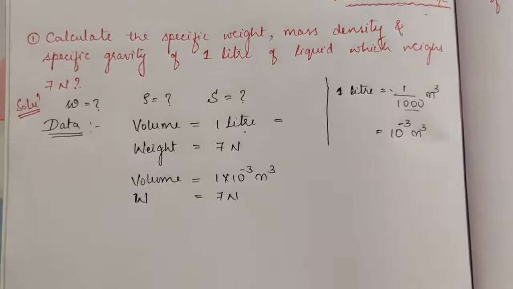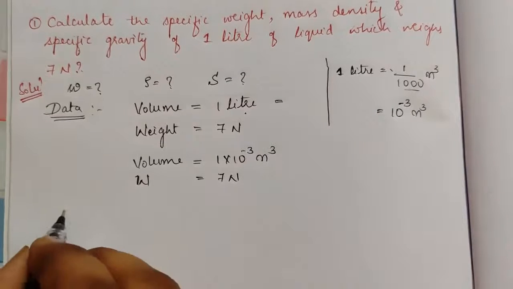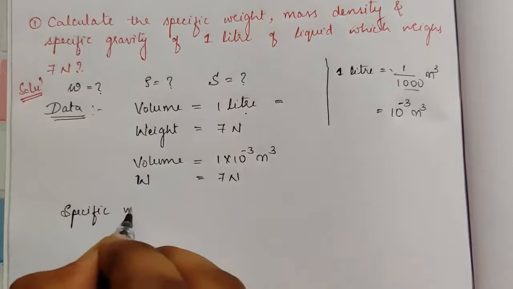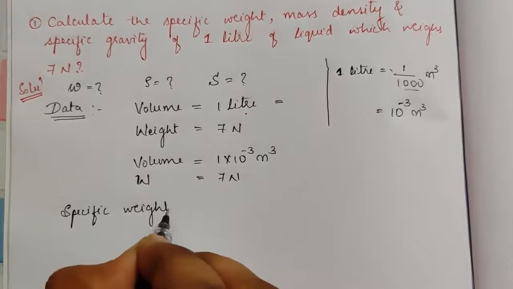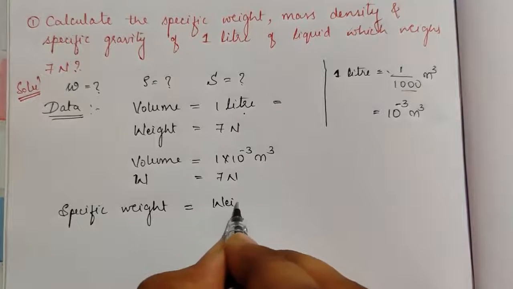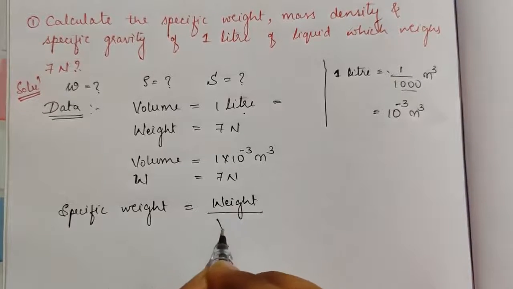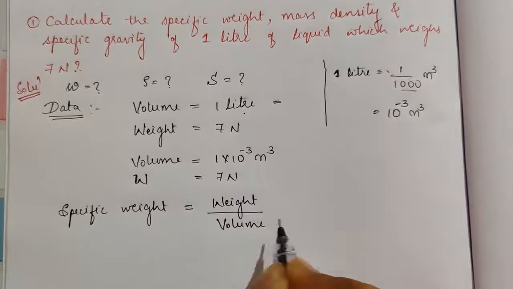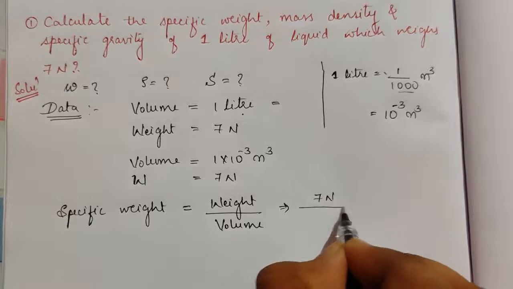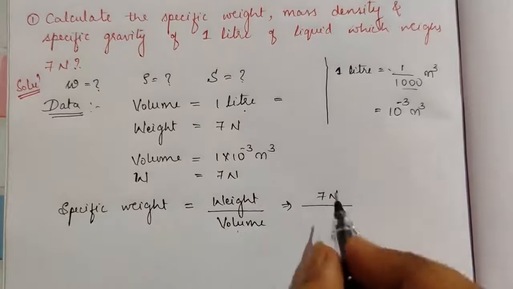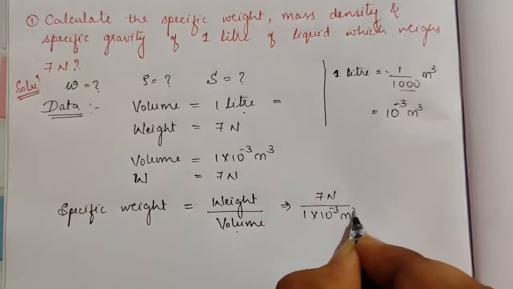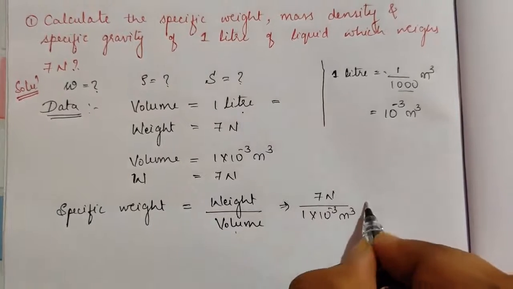So what we have to find? Specific weight. According to the definition of specific weight, specific weight is equal to weight per unit volume, weight by volume. Weight is given as 7 Newton, and volume is 1 into 10 power minus 3 meter cube.